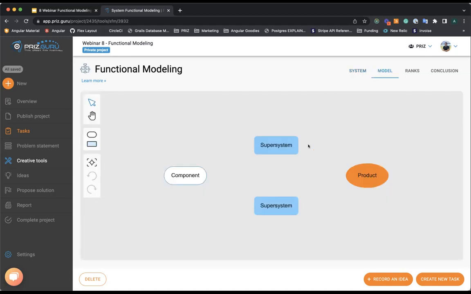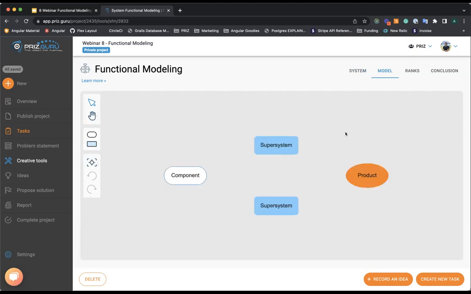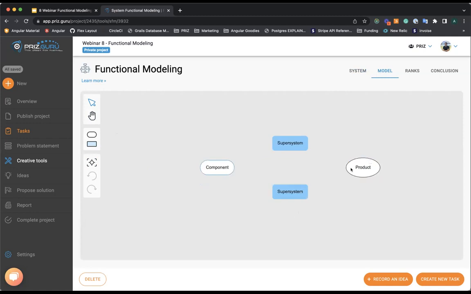When you start with functional modeling, it's a completely fresh, new instance of the functional model. This is the picture that we're getting. We're getting some placeholder. And in this particular case, the product is always marked as this orange oval shape. And the product, again, can be only one product.